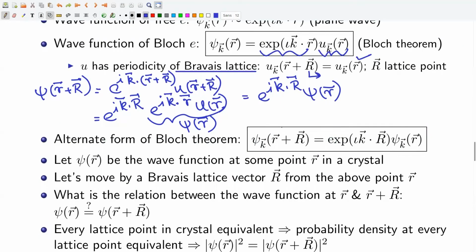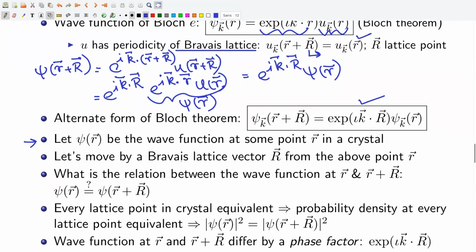Now, we can restate the Bloch theorem like this, and let us use this form to understand the meaning of Bloch theorem. Let psi of r be the wave function at some point r in a crystal. Now, let us move by a Bravais lattice vector R from the above point r.